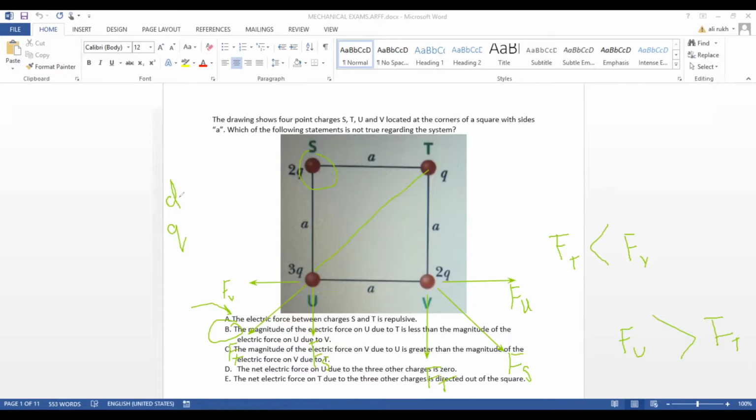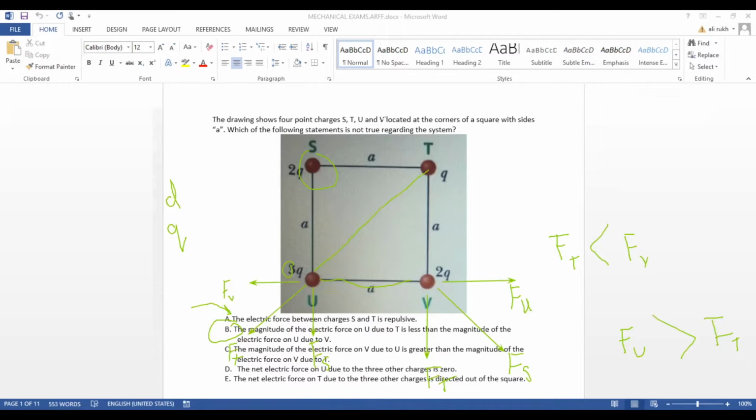The smaller the distance, the bigger the force. The bigger the charge, the bigger the force. So for Fu, you have magnitude 3 and distance A. And for T, you have the same distance, so the same type of force, but you have a magnitude Q. That means the force Ft is going to be less than Fu, which is correct as well.